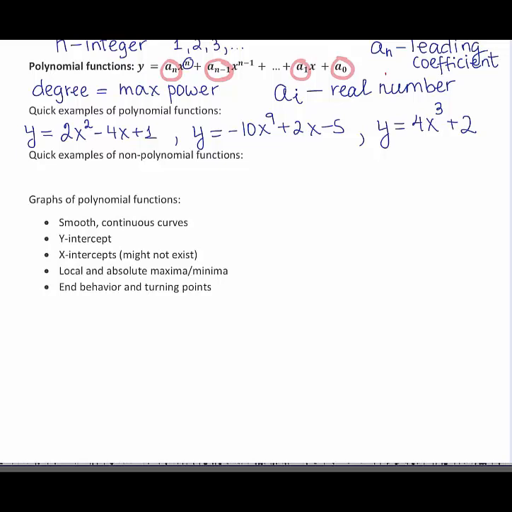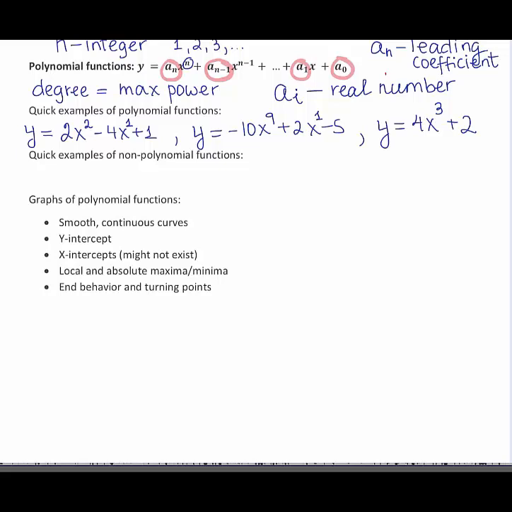We have all of our powers of x, they're all integers. So you can think about it as integer 1 over here, power 1. And we have real values for the coefficients, and typically we write our polynomials in descending order of powers, but it doesn't have to be. So if you rewrite it in a different order of powers of x, that's not incorrect.